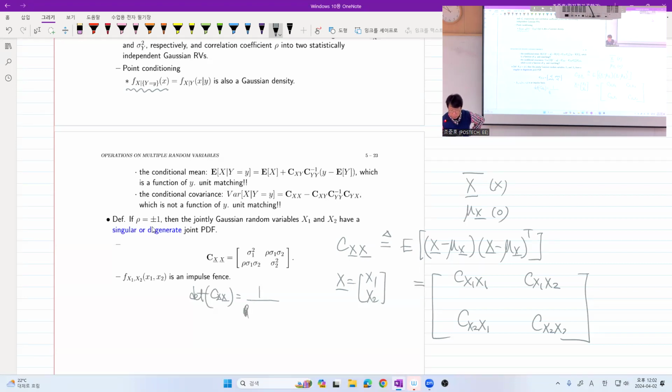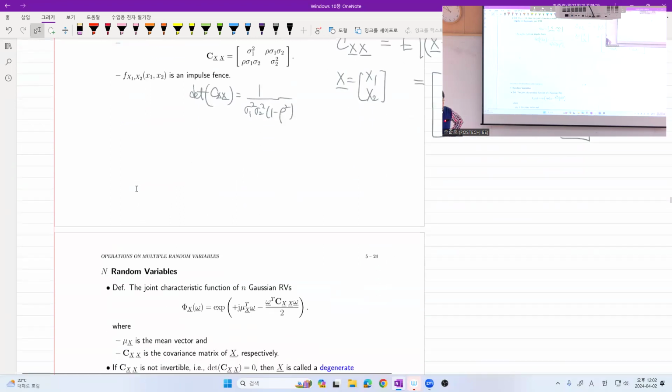Sigma 1, sigma 2. Yeah, something like this, right? So actually, 1 minus rho square comes from the determinant of this covariance matrix. And this shows you some idea about what will happen when we have more than 2 Gaussian random variables.